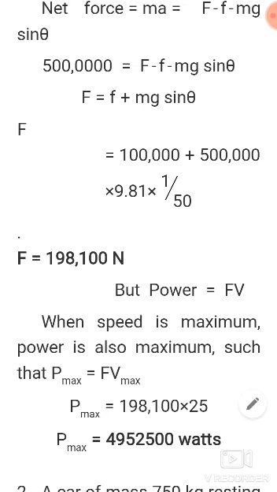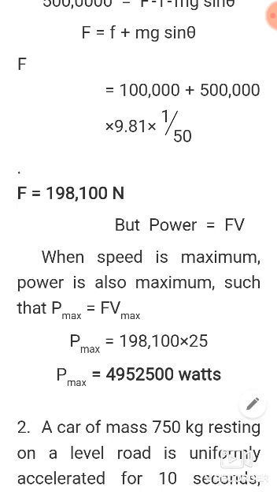So substitute F as 198,100 newtons times the maximum velocity, which was 25 meters per second. When you multiply the two, you'll have the maximum power being 4,952,500 watts. Or you can put this in megawatts or kilowatts, no problem.